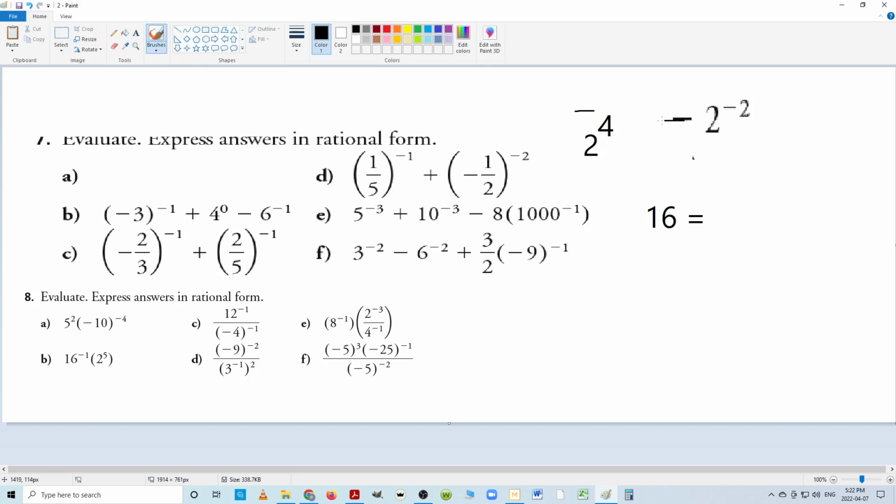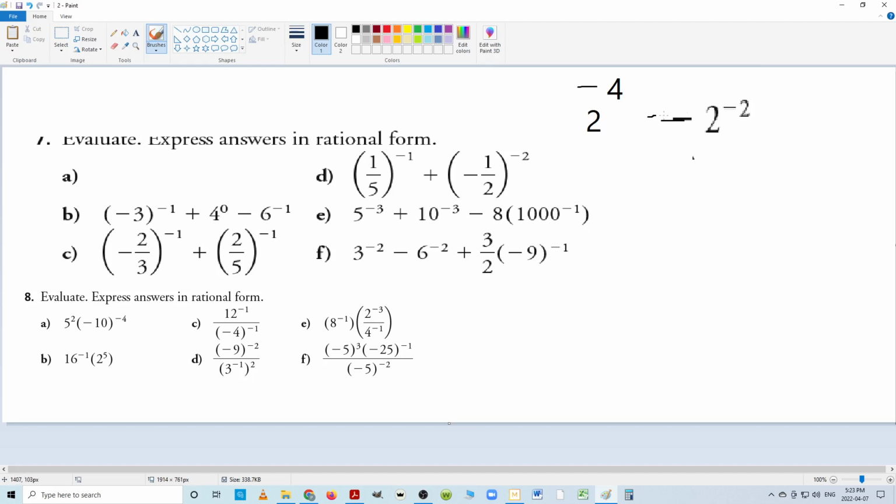Now, you might say, can I add these? Because it's kind of weird. All of a sudden I'm adding these. Right? 2 to the minus 4 minus 2 to the minus 2. Well, you've got to resolve it a little bit better.